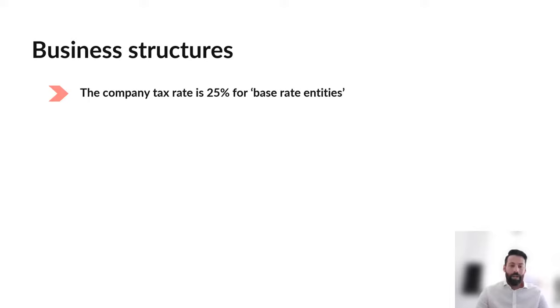One of the relevant changes is that we've been reducing the company tax rate for small businesses every year, and it's currently 25%, which is a pretty good tax rate. So for businesses operating out of a discretionary trust, for example, where you might be distributing all your income to individuals, it could be worth reviewing your structure to figure out whether you need a company in there somewhere to avail yourselves of this 25% tax rate.